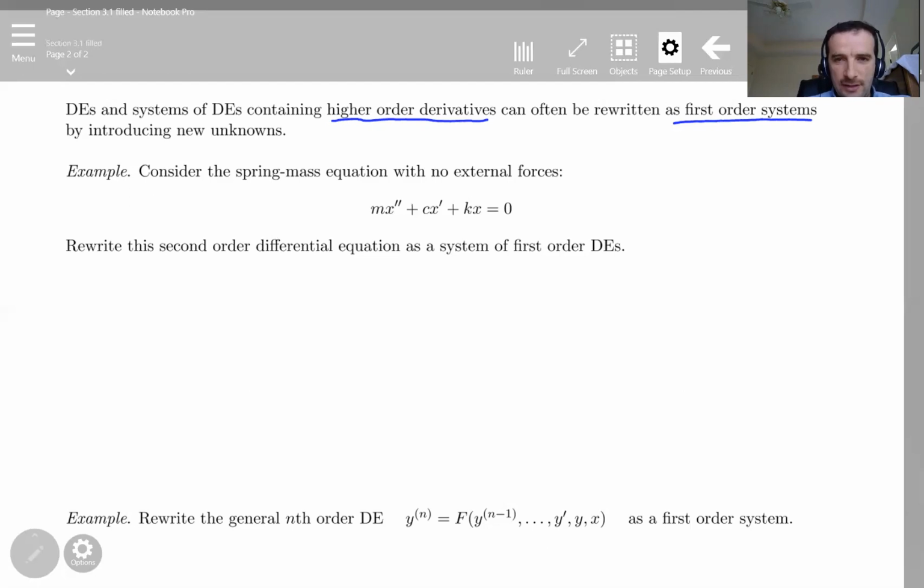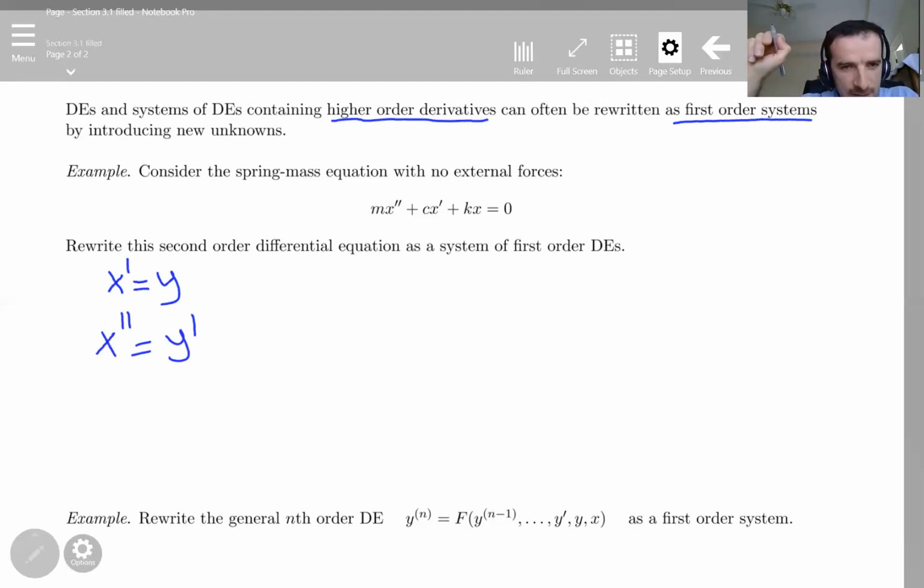Let's say x prime is equal to y. That way I can rewrite x double prime as y prime, right?